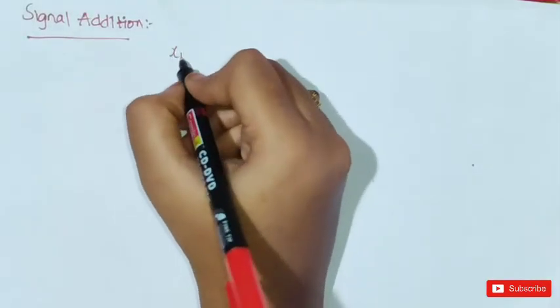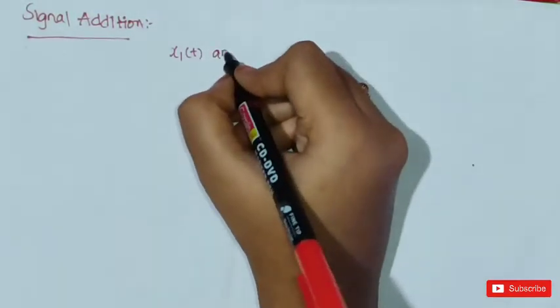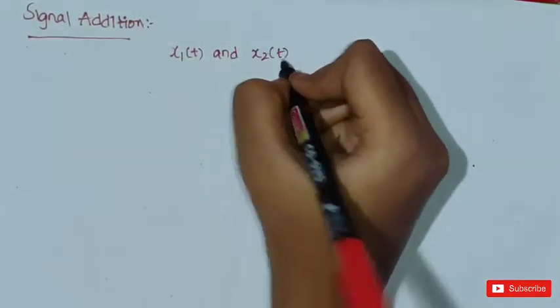Signal addition is nothing but, in this case we will consider two signals or more than two signals and perform addition on the values of samples. We will consider two signals x1 of t and x2 of t.